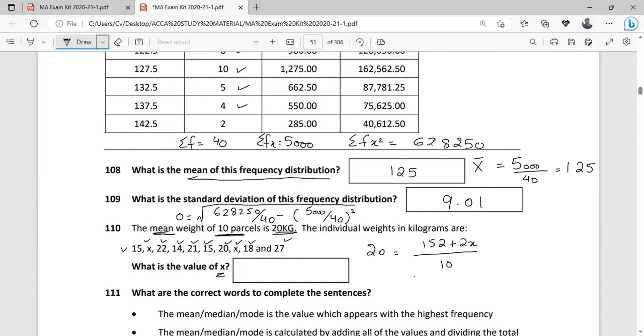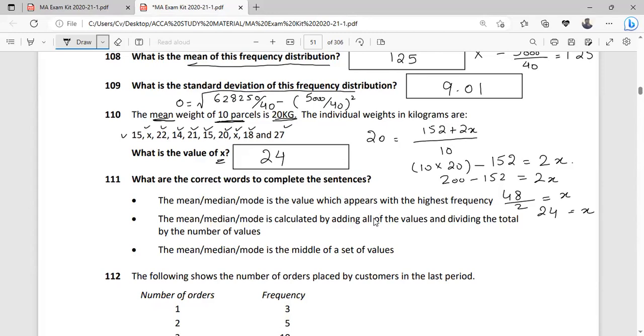Then this 10 is multiplied by 20, and we move the 152 from the right side to the left side. So 200 minus 152 is equal to 2x. Then 48 divided by 2 is equal to x, and x is 24. So the value of x is 24.